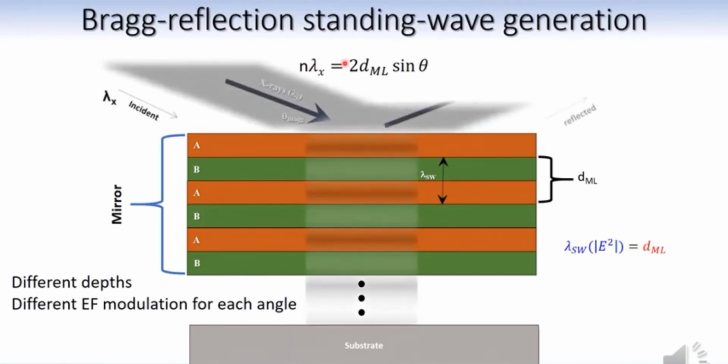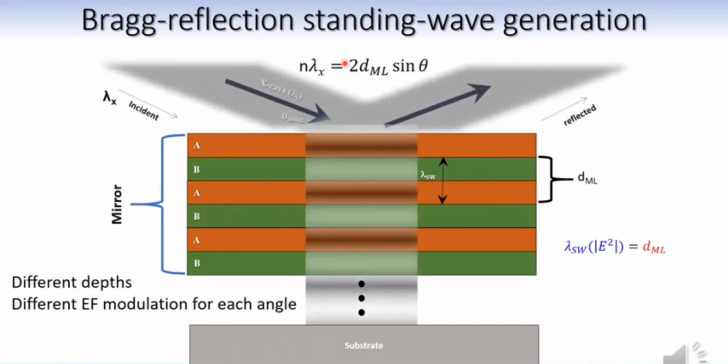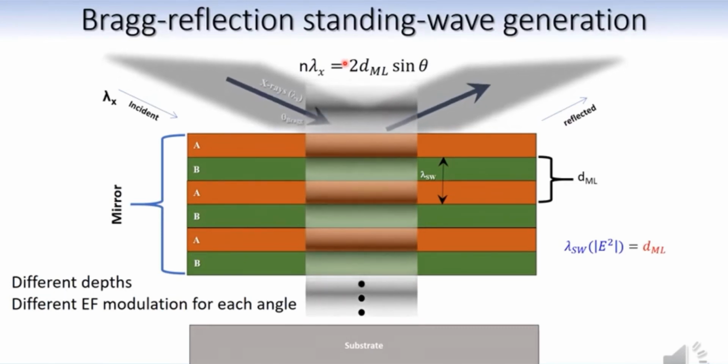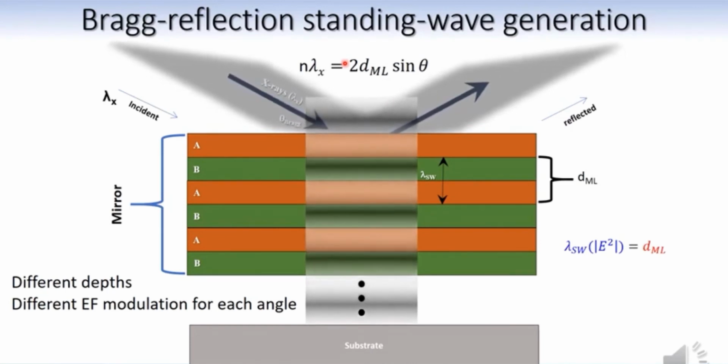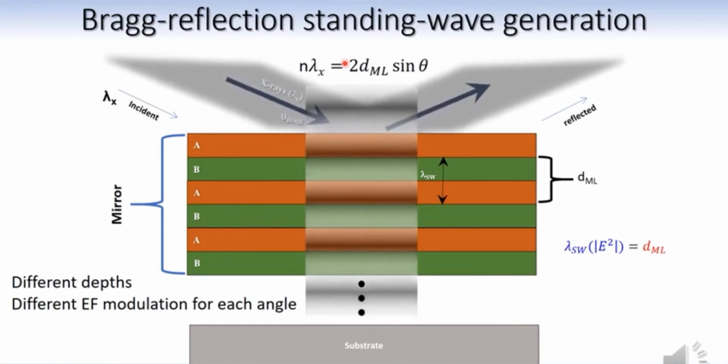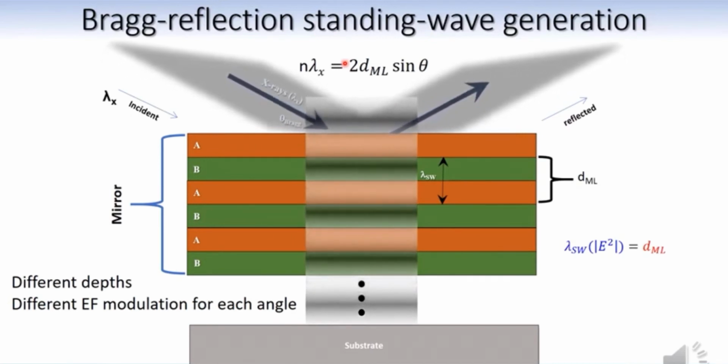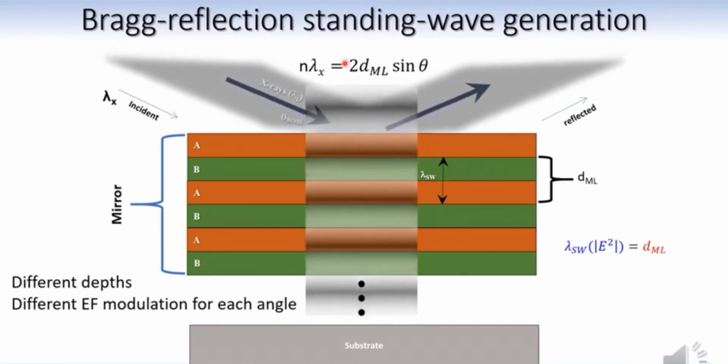By doing that, we drastically enhance the X-ray reflectivity, and a strong standing wave with vertically positioned nodes and antinodes is created. By slightly changing the incident angle, we are then able to sweep the position of these nodes and antinodes vertically by half of the standing wave period, and practically illuminate different depths of the sample.